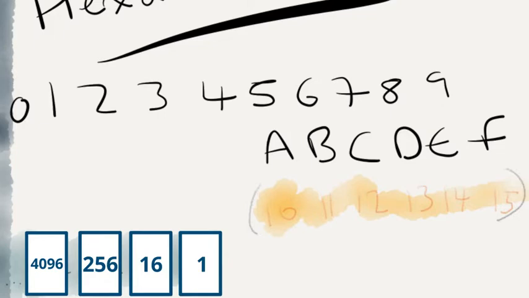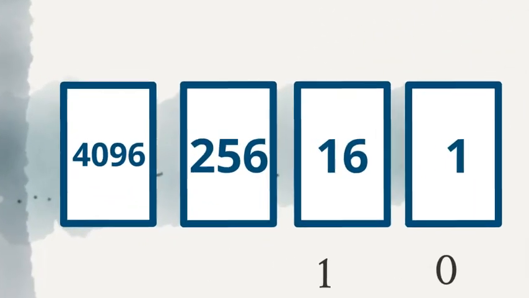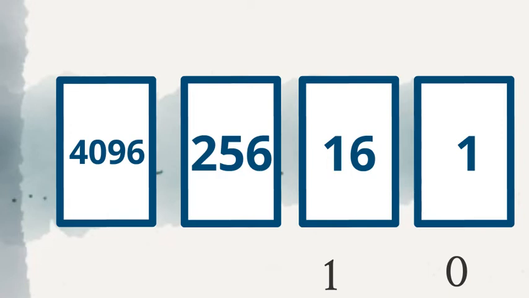So how do we therefore represent a hexadecimal number? Well, we have the same as we had before. When we were using binary, we were using base 2, which meant the first number was 2 to the power of 0. We are now using base 16. That means we're going to have the first number on the right hand side there, which is 1, is 16 to the power of 0. So 16 to the power of 0 is 1, as we know.